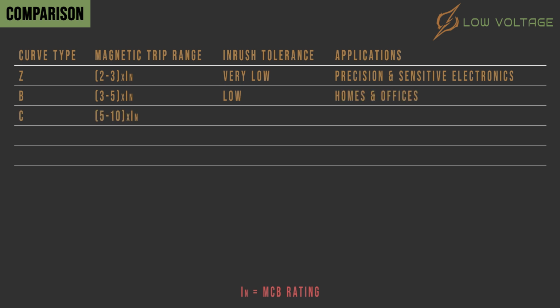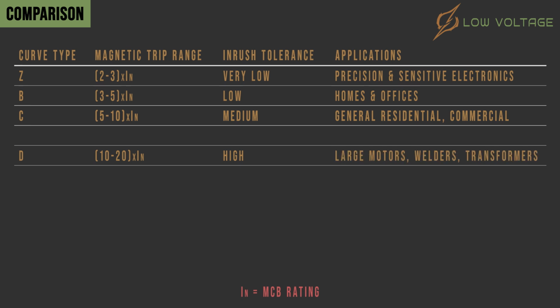Curve C has medium sensitivity, suitable for medium inrush current applications like general residential and commercial loads. Curve D has low sensitivity, suitable for high inrush current applications in heavy, inductive loads like large motors, welders, and transformers. We also have curve K. This curve has medium to low sensitivity, suitable for medium to high inrush current applications in some inductive loads, like medium motors, welders, and transformers.